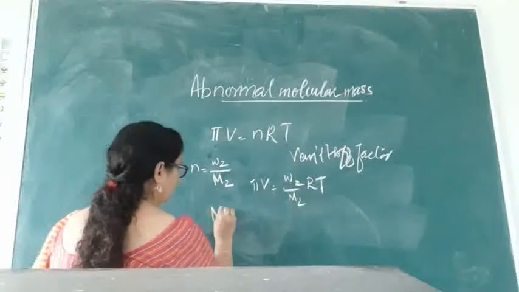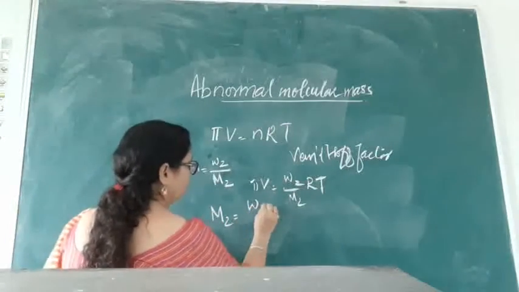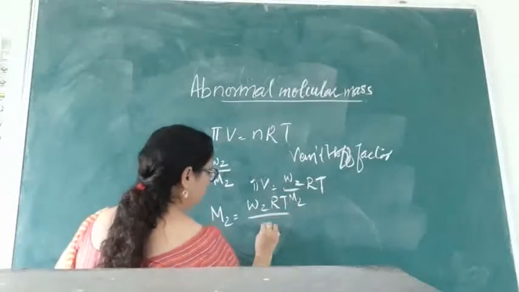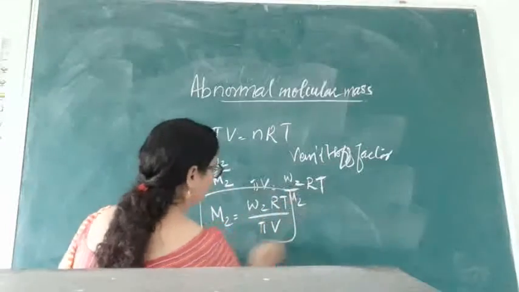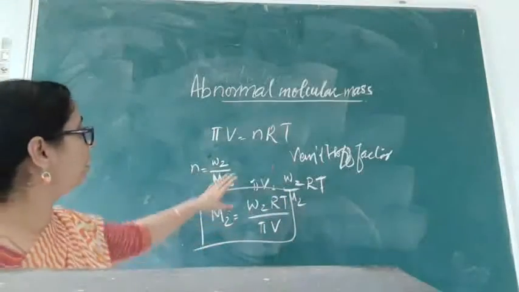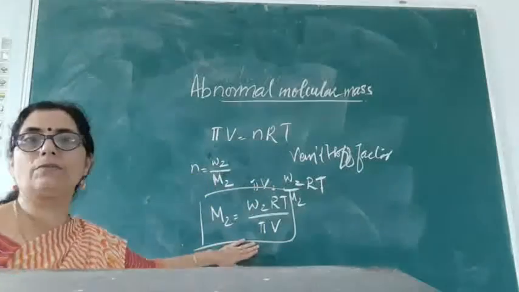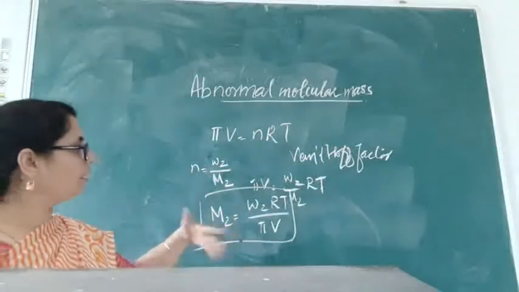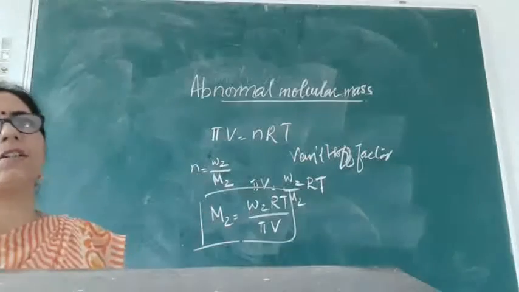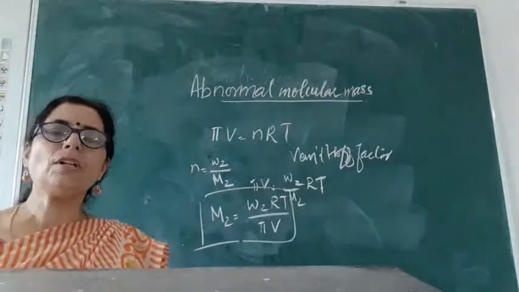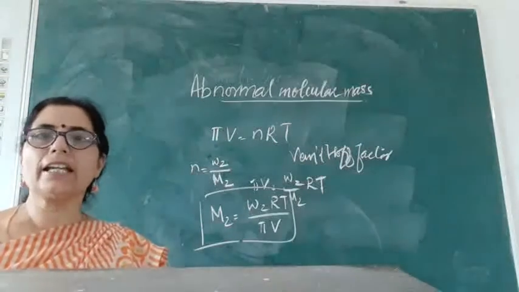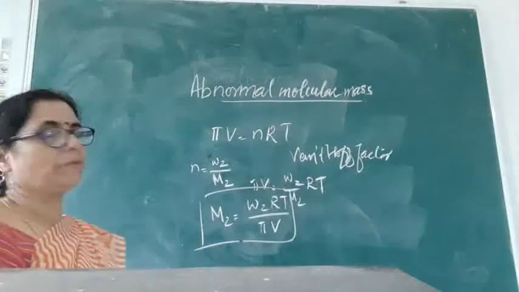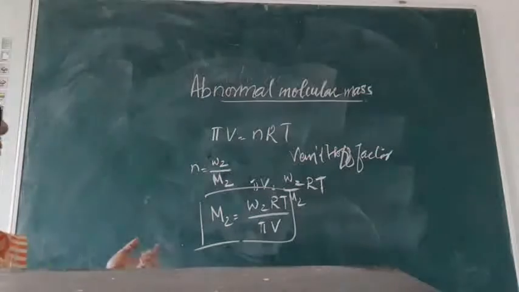So here you will see M2 is equal to W2 RT by pi V. This is the expression that we have obtained from the Van't Hoff equation to calculate the molar mass of the solute that is responsible for this osmotic pressure, where the number of molecules is very essential to find out here. That is why it depends upon the colligative property.